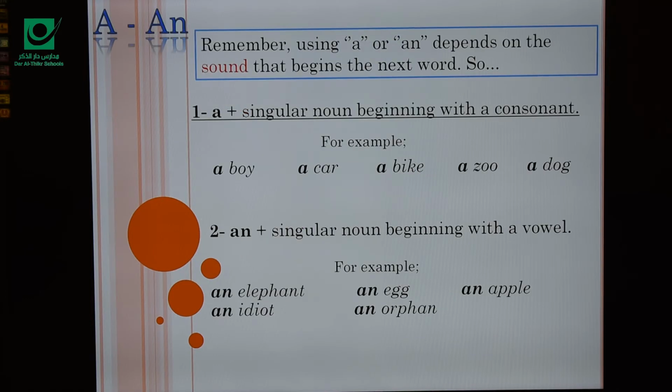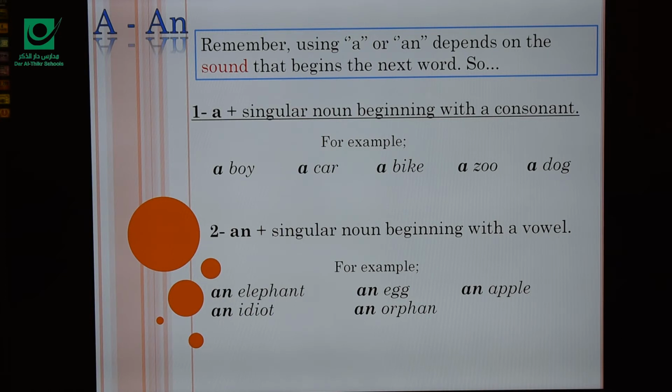Next one, remember that using a or an depends on the sounds, not the letters, and just as we call them the vowels. So we need to know the difference between the consonant sound and the vowel sound. A is used before a singular noun beginning with any consonant, like boy, car, bike, zoo, dog.